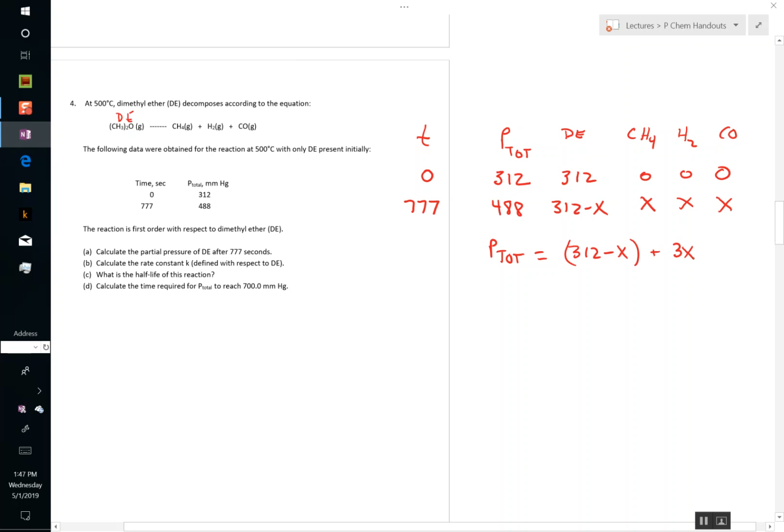Total pressure. So 488 is going to be equal to 312 plus 2X. So X is 88, so DE is 224.